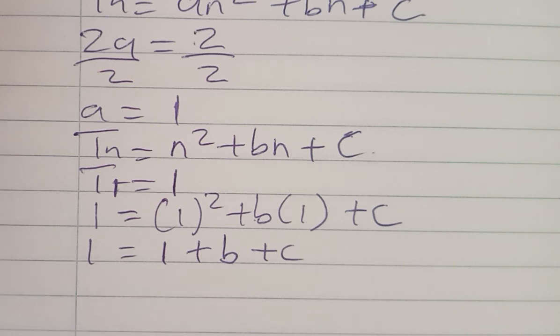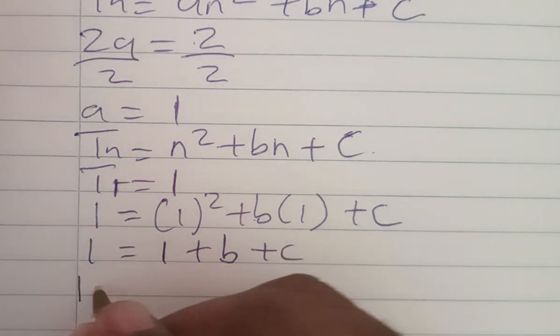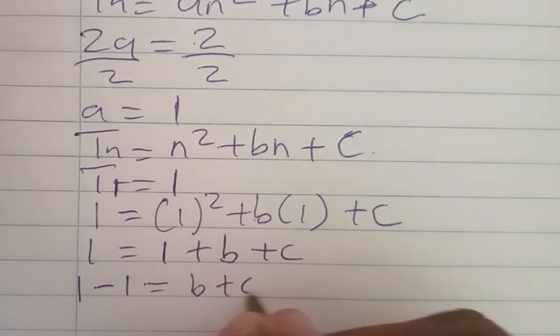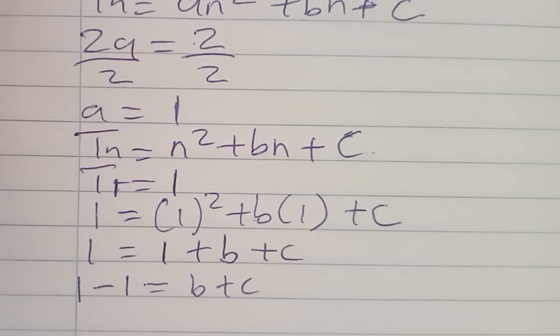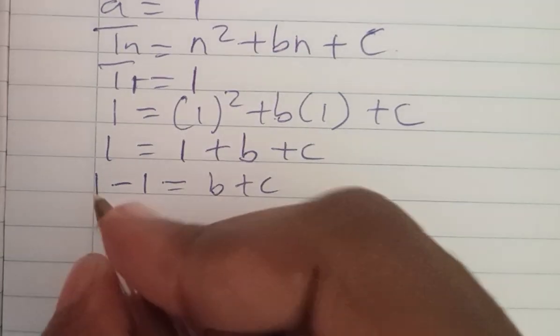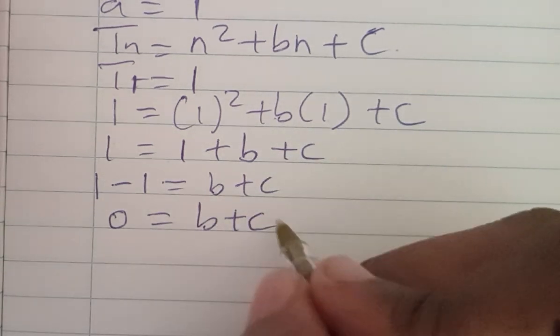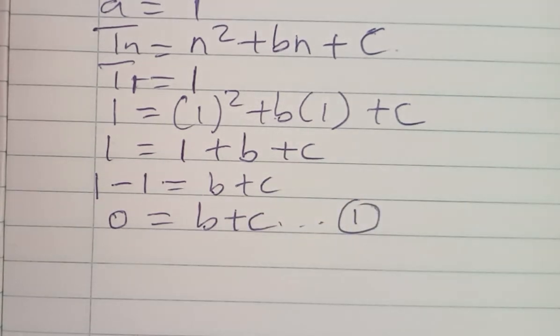Now I have to take 1 to the opposite side. When I take 1 to the opposite side, it will be minus because on this side it was positive. So 1 minus 1 is 0. So here I'll write 0 is equal to b plus c. So this is our equation number 1.